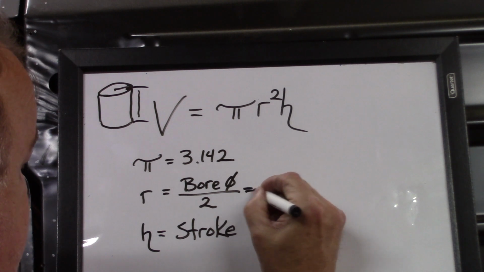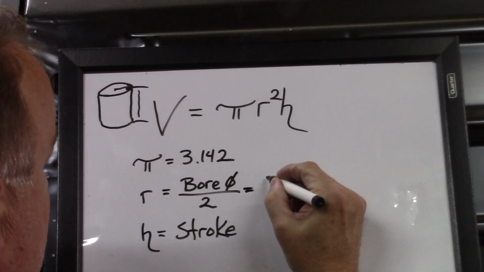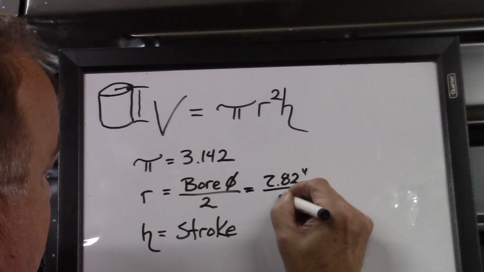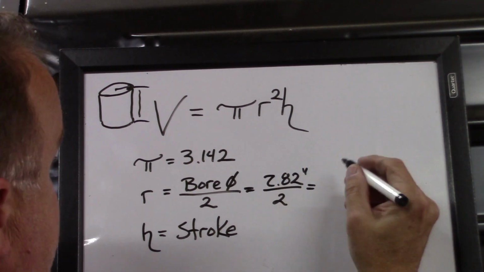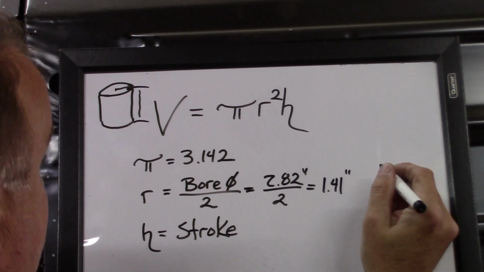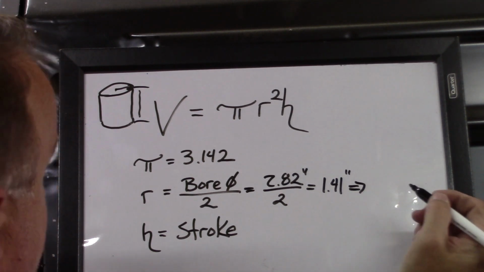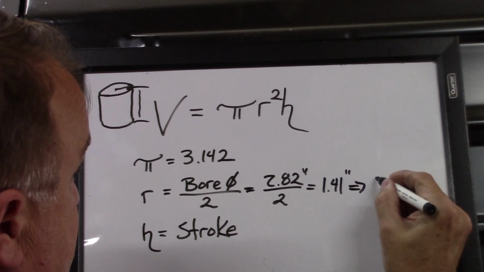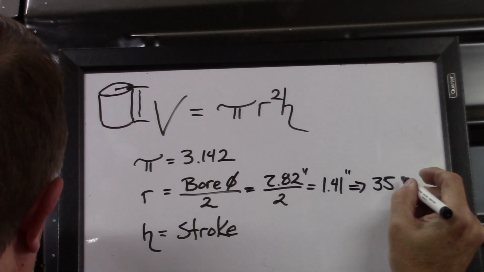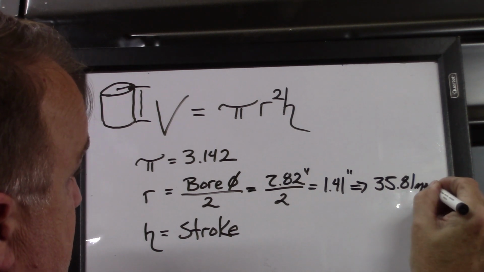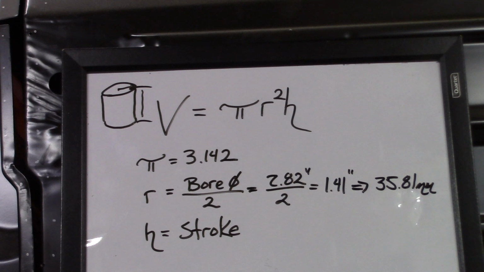Now from my measurements, my bore diameter was 2.82 inches divided by 2. That is equal to 1.41 inches. And then when you convert that to millimeters, you multiply by 25.4, you're going to get 35.81 millimeters.